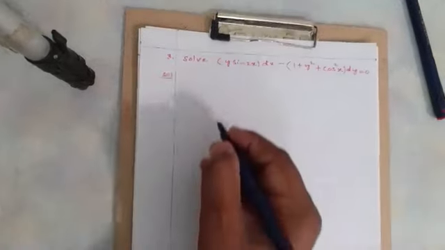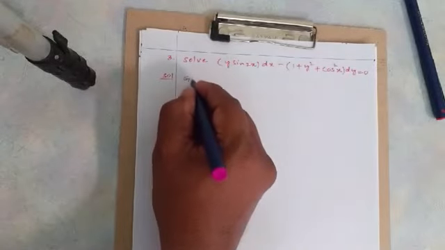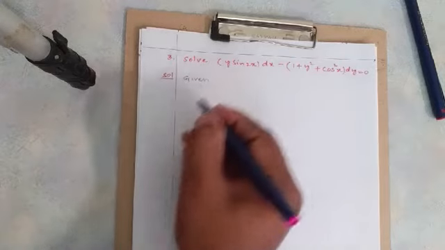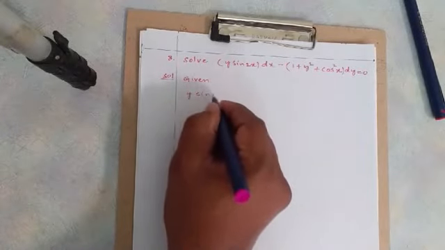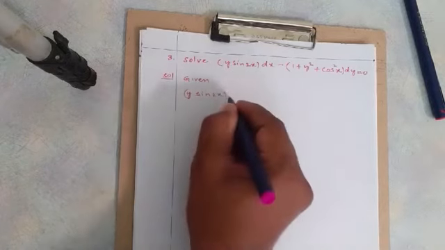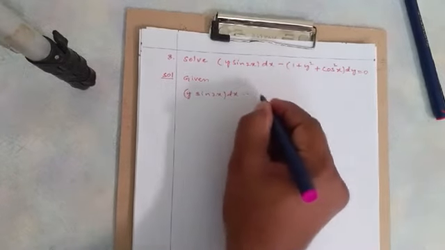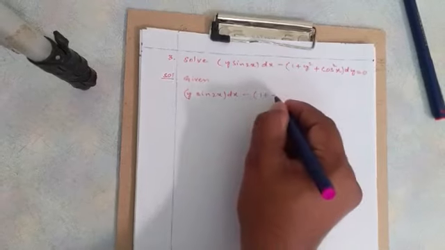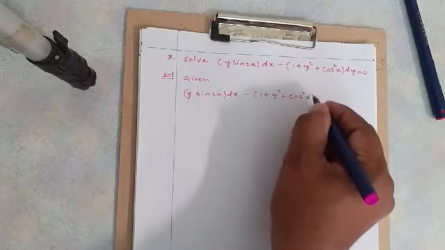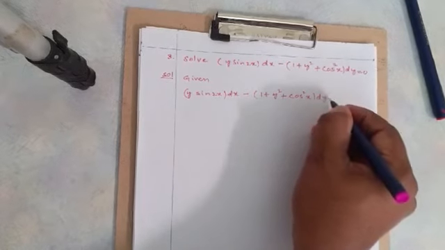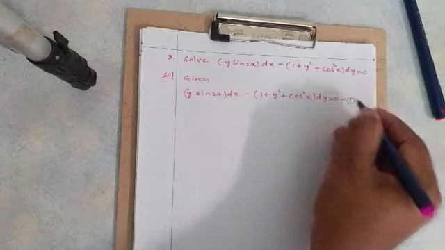Solution is, first we write the given. So what is given here? Given y sine 2x dx minus 1 plus y square plus cos square x into dy is equal to 0. This is the first equation.